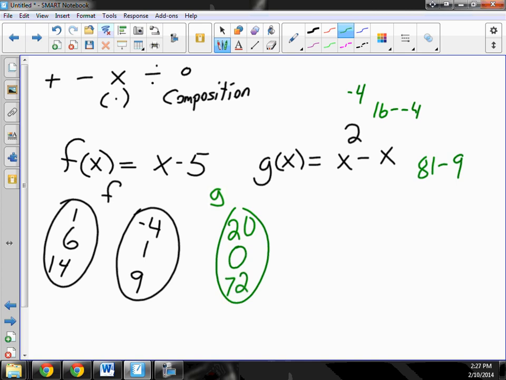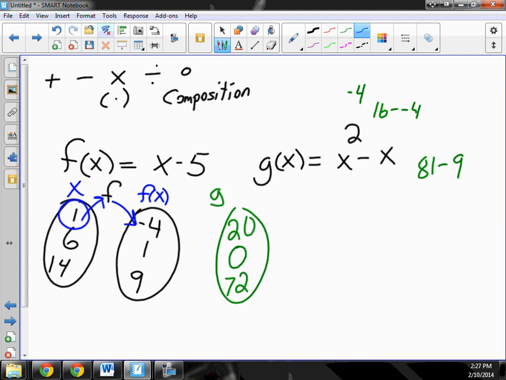So how do we write this? Well, if we look at the system, here are my x values. I'm taking my x values, plugging them into f, and creating f of x values. Does everybody see that? 1 is an x. I plug x into f, and I create a new number whose name is f of x.